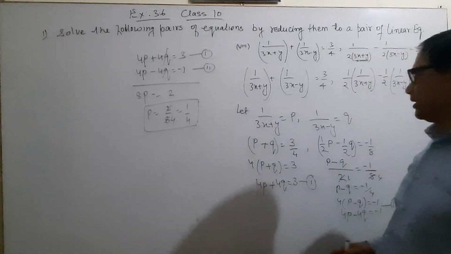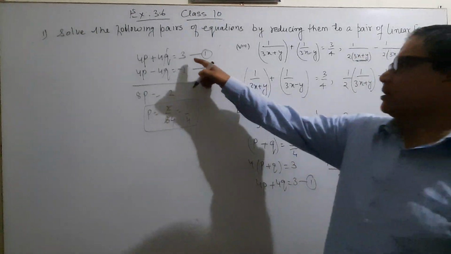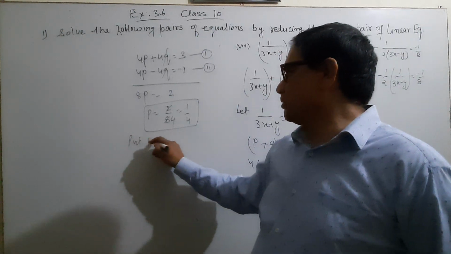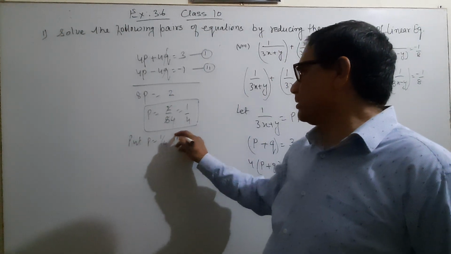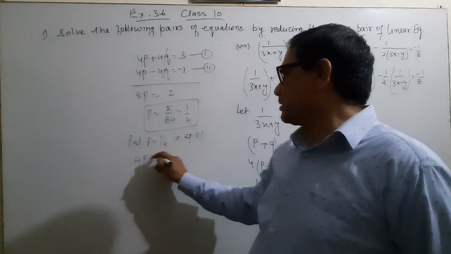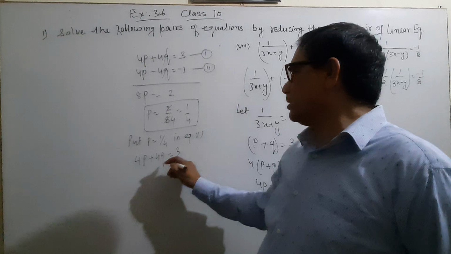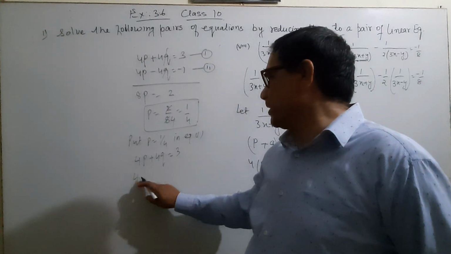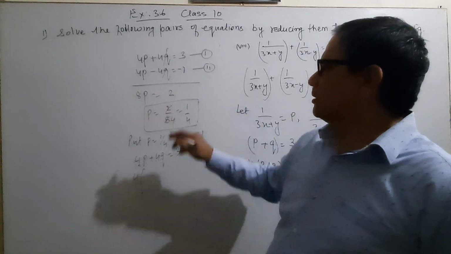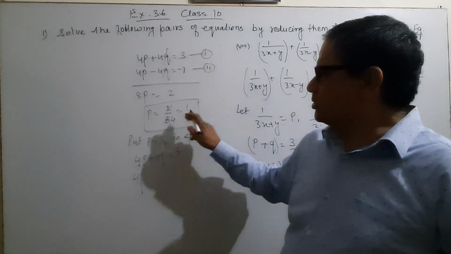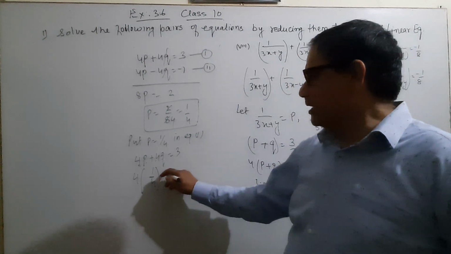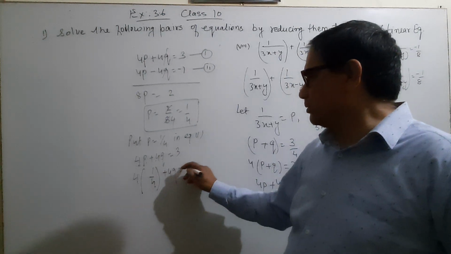And the value of P, where do you have to put it, in equation first or second? Put P equal to 1 by 4 in equation first. Equation first is 4P plus 4Q is equal to 3. With P equal to 1 by 4, here is 4 times 1 by 4 plus 4Q is equal to 3.